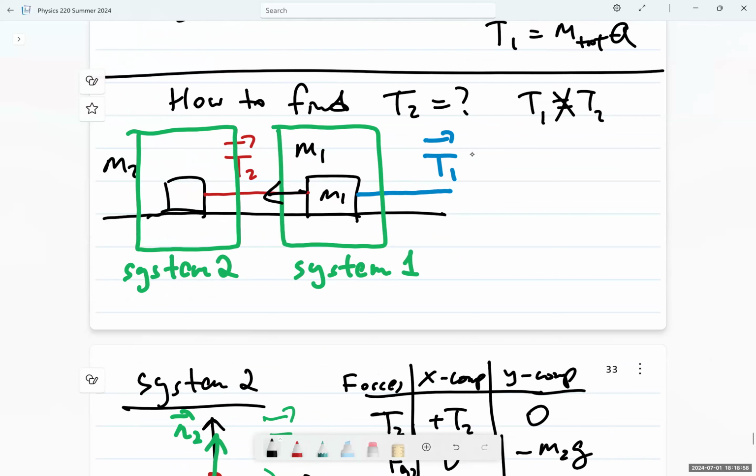If I'm looking at M2, this same rope is acting on M2 to the right. So that's why it's an action-reaction, a Newton's third law application. And what I have here is the same 10 newtons acting on both of them. So that's why we had to separate them. We have to look at either M1 or M2 in order to get information about this tension 2.